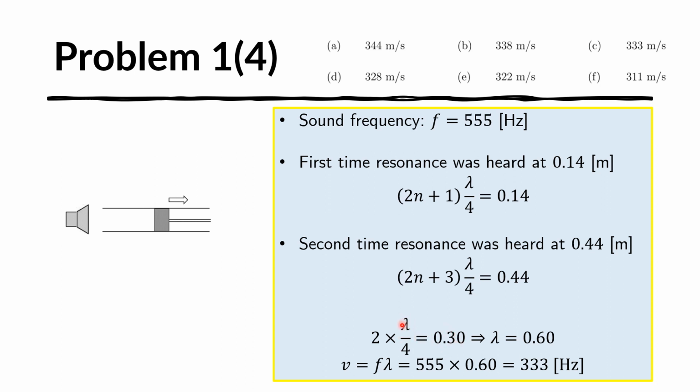This is easy because now we just have to multiply. And we get the wavelength of the sound that resonates with the tube. And from the relationship between the wavelength, the frequency and the speed, we can now obtain the speed, which is what we're looking for in this problem. The frequency is given. We have just computed the wavelength, plug them in, and we obtain this value.